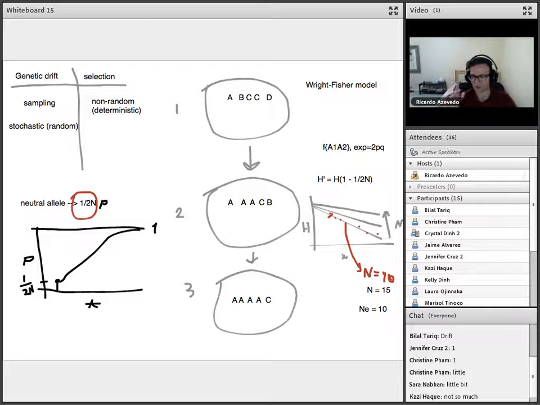So a population that shows the same declining trajectory as expected from a Wright-Fisher model, right? But now the question is still relevant: why do we have this discrepancy?